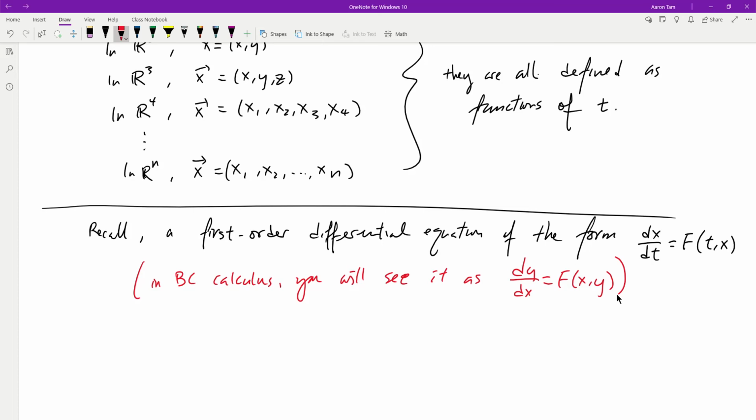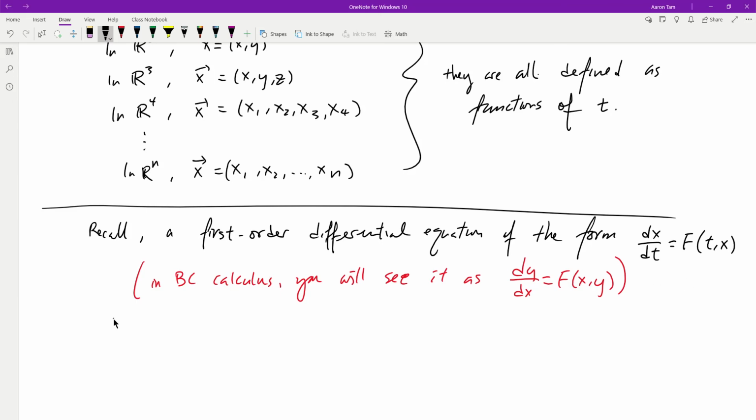That's all that is. When you list the function capital F, you will list the independent variable, which in this case is t, first, and then the dependent variable, which is x. So we call that a first order differential equation of the form dx over dt equals f of t, x.